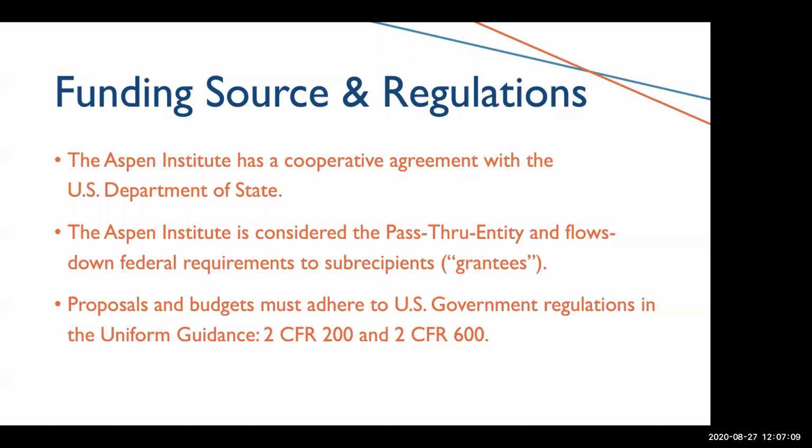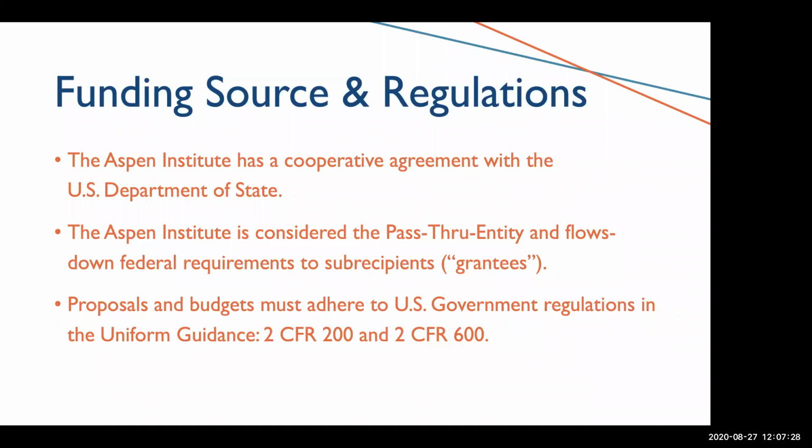Because those of you who receive a grant from the Stevens Initiative would be subrecipients of U.S. government funds, the federal requirements and regulations that govern the Stevens Initiative's relationship with the State Department also flow down to our grantees or our subrecipients.